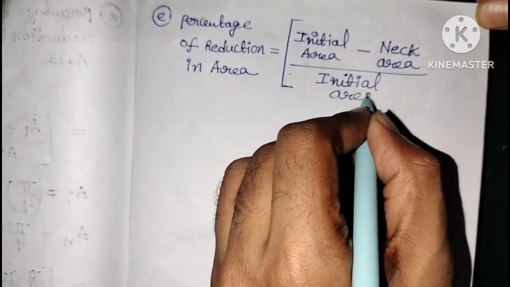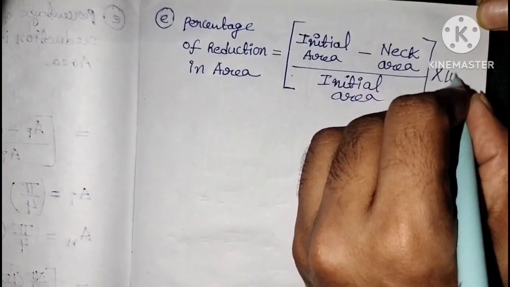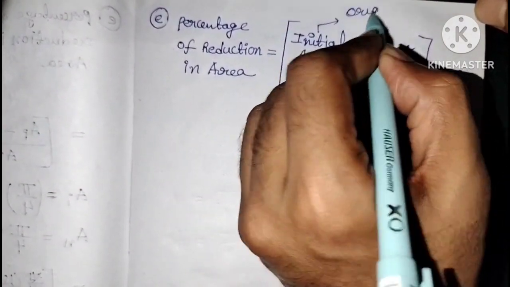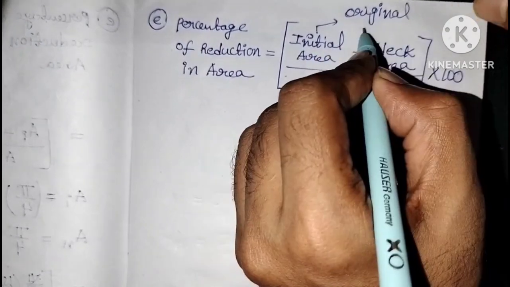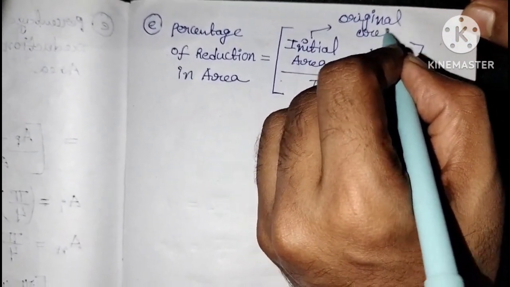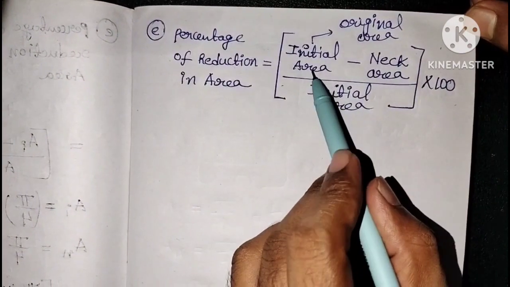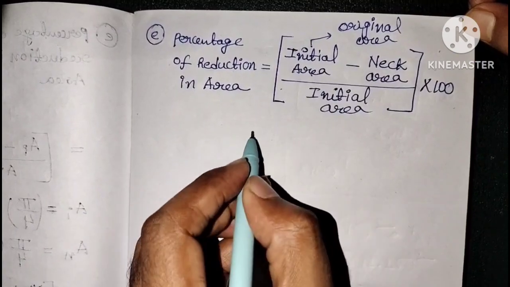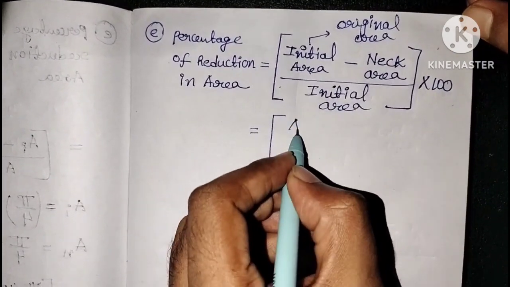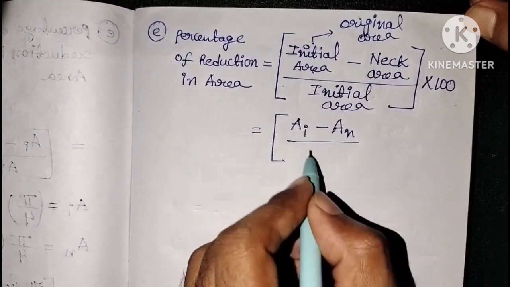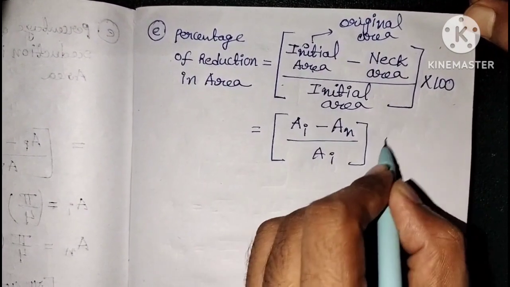Initial area means the area of the specimen before conducting the tensile test, the original area. So it can be written as initial area AI minus neck area AN, by initial area AI, into 100.